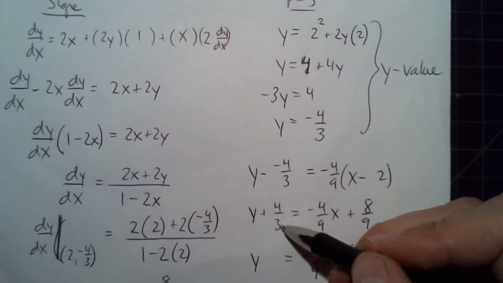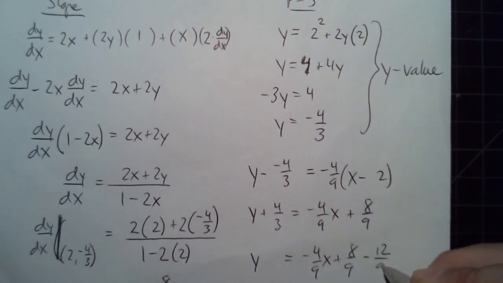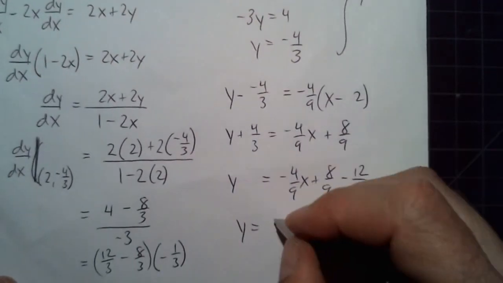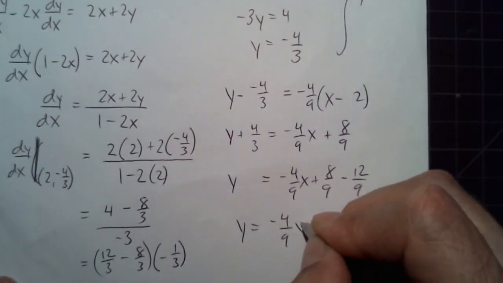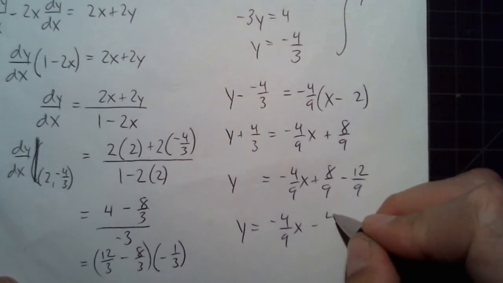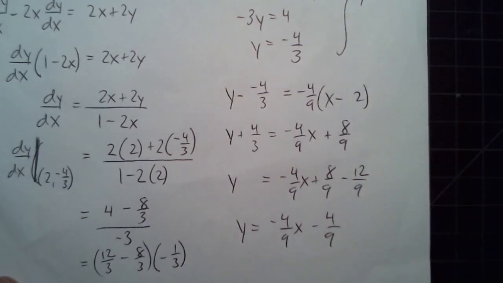So this is 12/9. We'll subtract 12/9. And we have the equation of the tangent line.